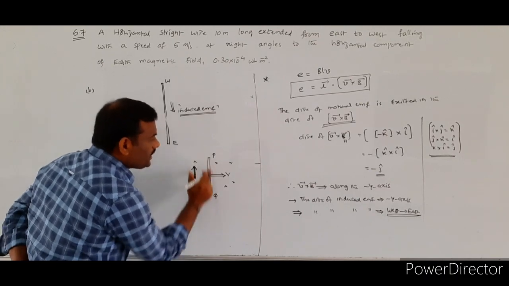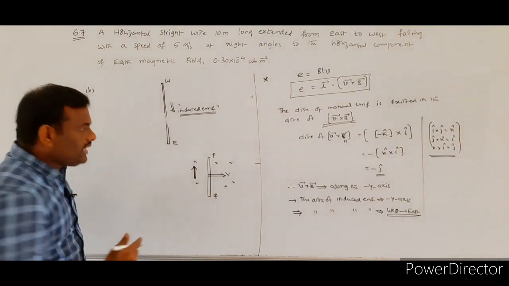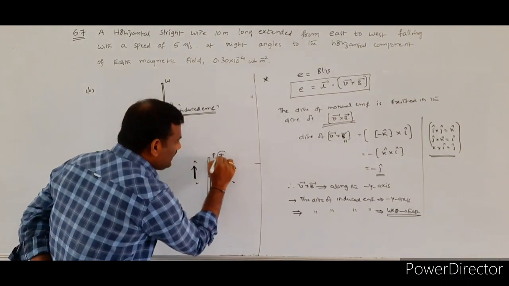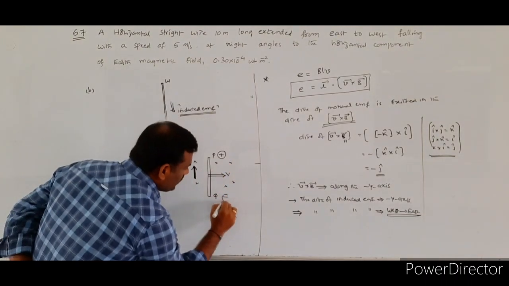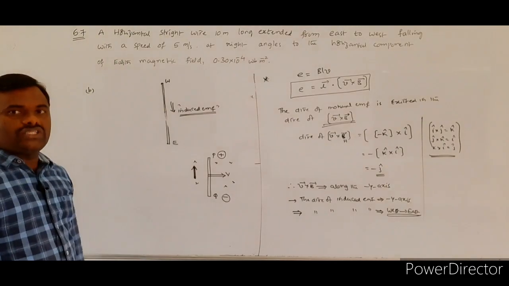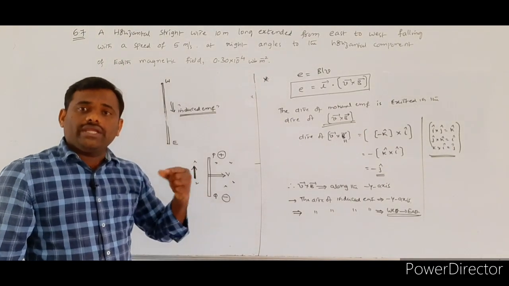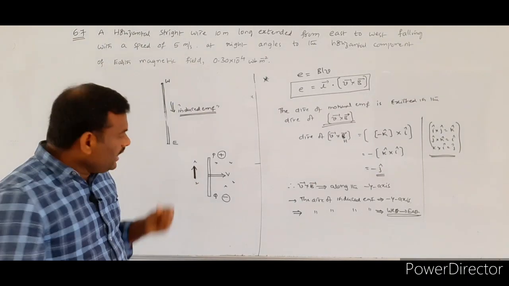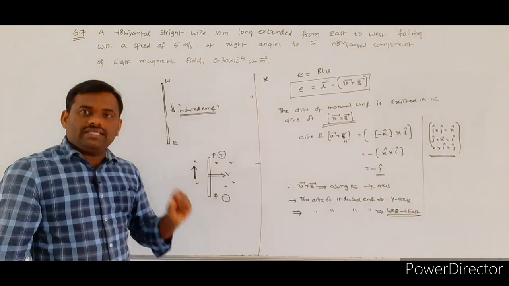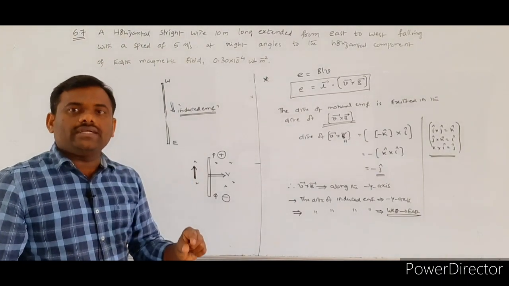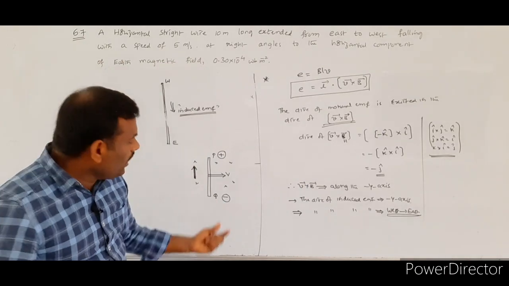Q to P. Hence you took P to be maintained at the high potential region and Q at the low potential region. So from this, the direction of the induced EMF is always from the low potential region to the high potential region.